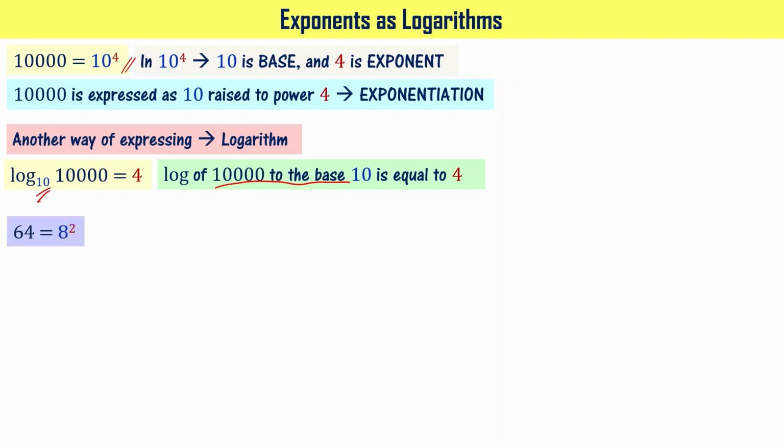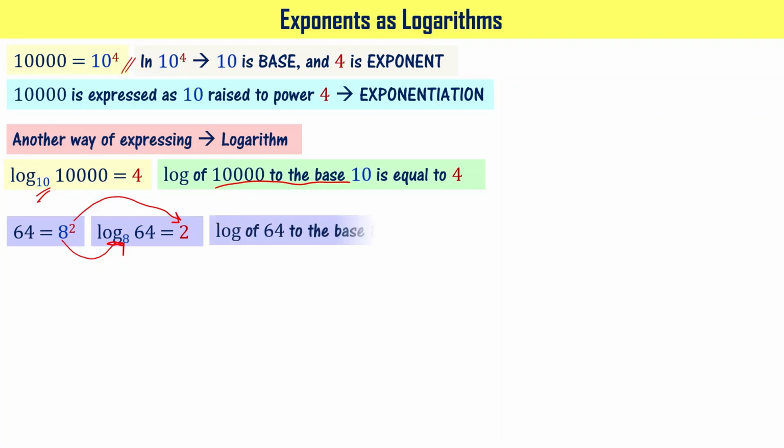64 can be written as 8 square. We know that, right? When you want to convert this into logarithm form, what happens is this 8, the base here, becomes the base for the logarithm. And this 2 goes here. Now you read it as log of 64 to the base 8 equal to 2.